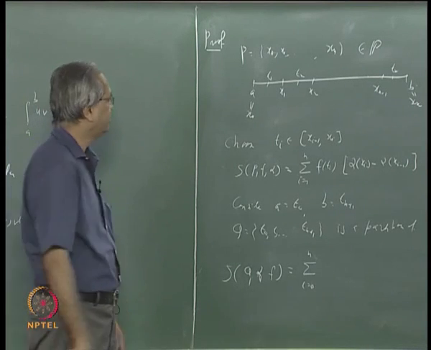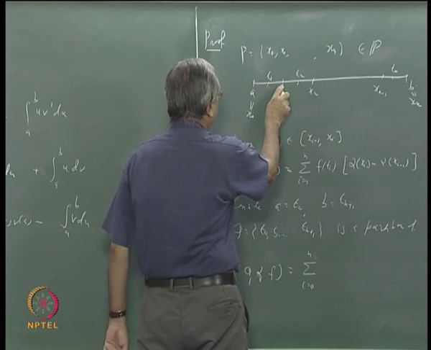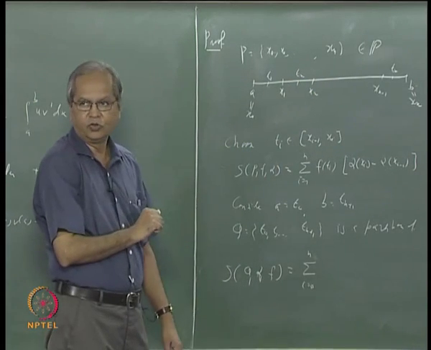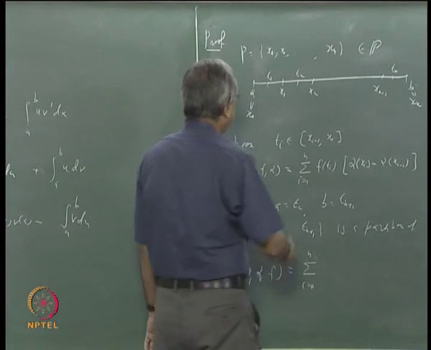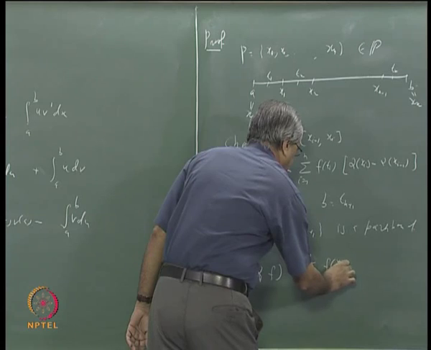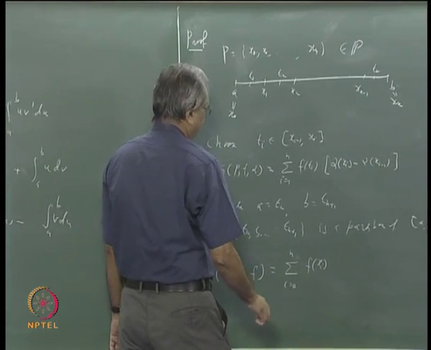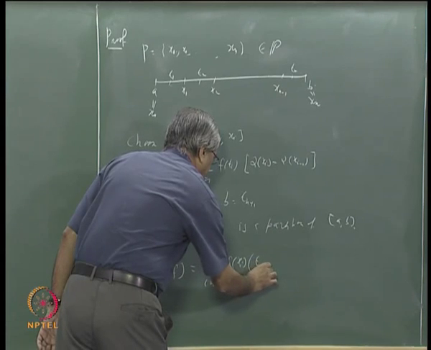For example, here let us say you have T1, here you have T2, in between the point I take as x1, and this is what I do for all. So I will take this as f at xi into, this will turn out to be T(i+1) minus Ti.